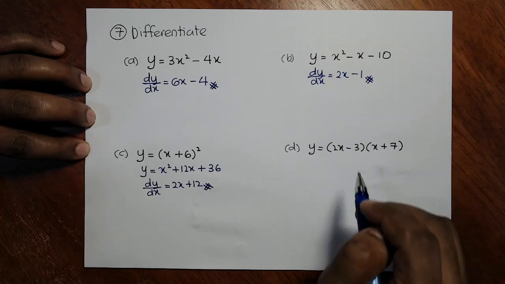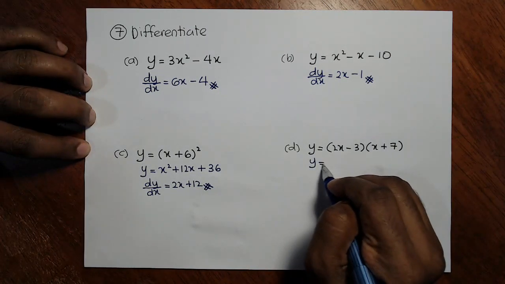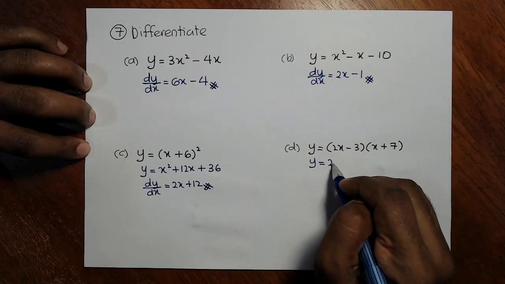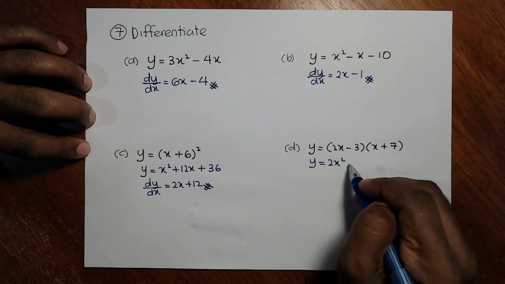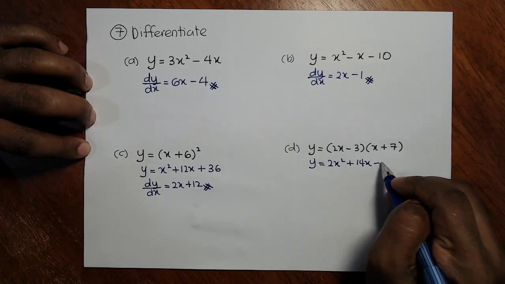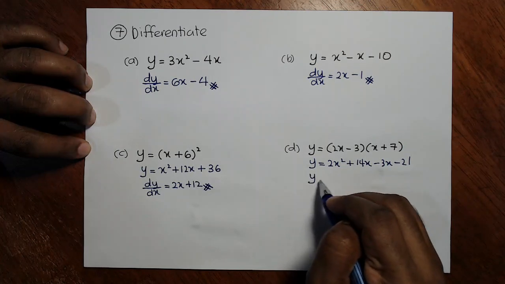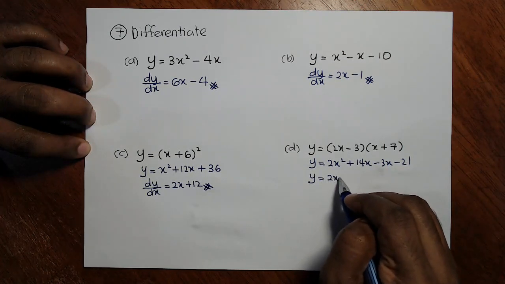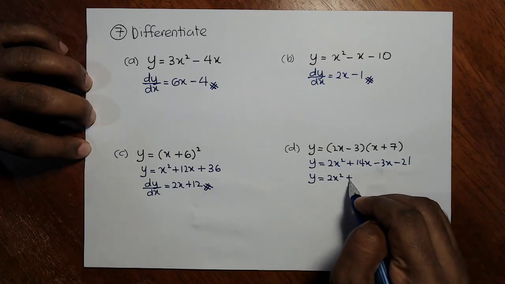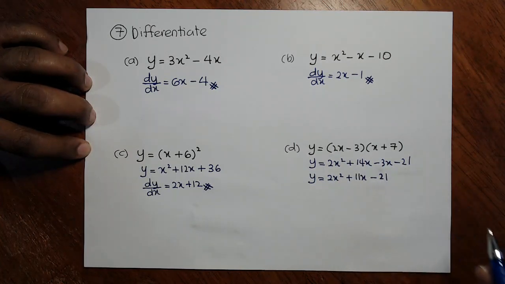That's all. Here you have to expand also, right? So y will be equals to 2x squared plus 14x minus 3x minus 21. Therefore, y equals to 2x squared plus 11x minus 21.